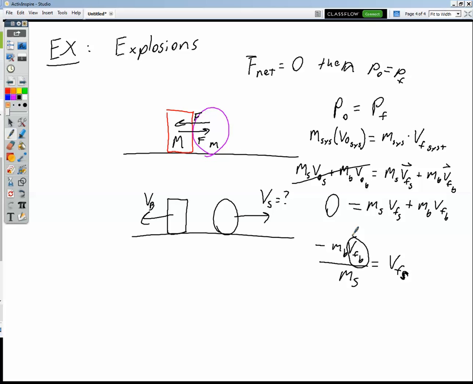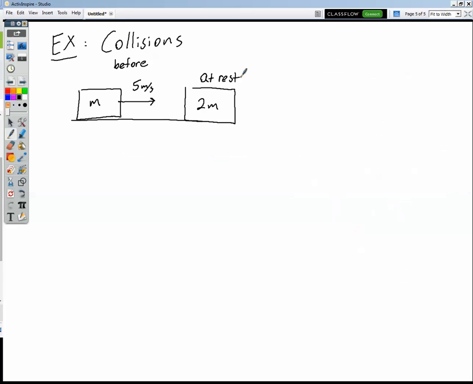And if we know her acceleration, we need to know something else. Well, her initial velocity is 0. Then we could find out what her final velocity would be using Newton's second law as well. Conservation of momentum, pretty quick and easy though.